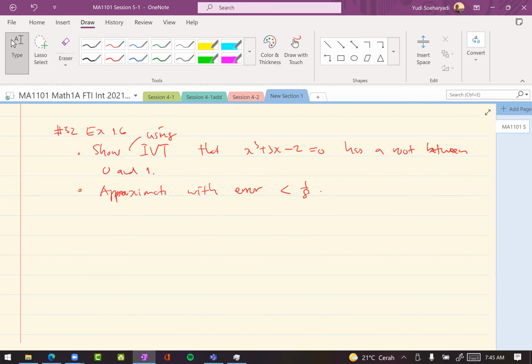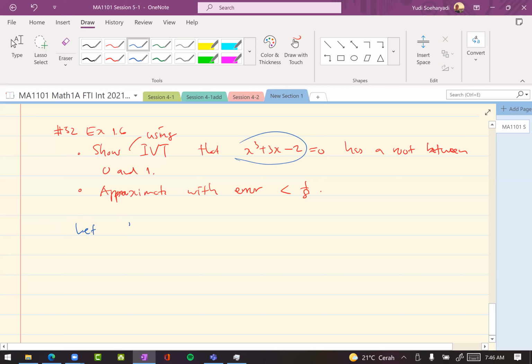All right, so let's think about it. To use IVT, you've got to have the function, but we don't have a function here. Okay, so let's define the function.